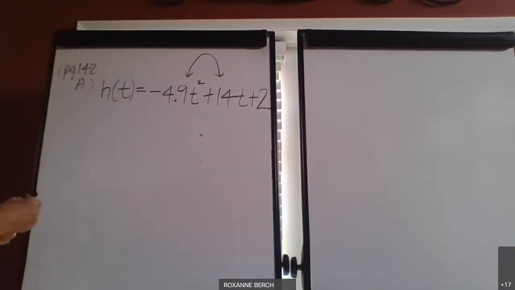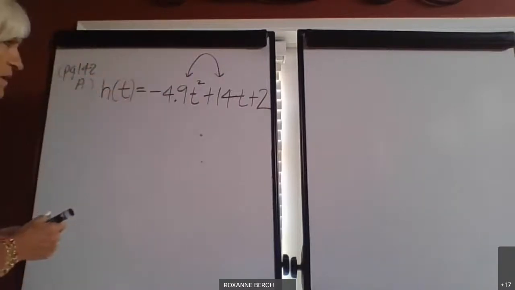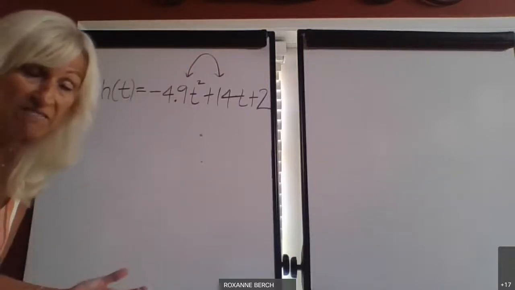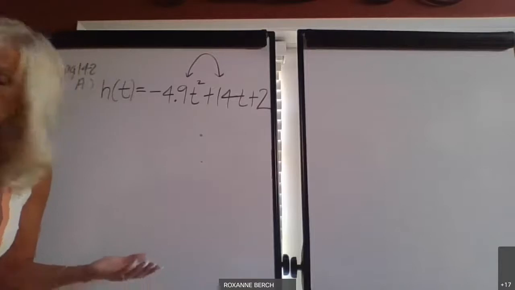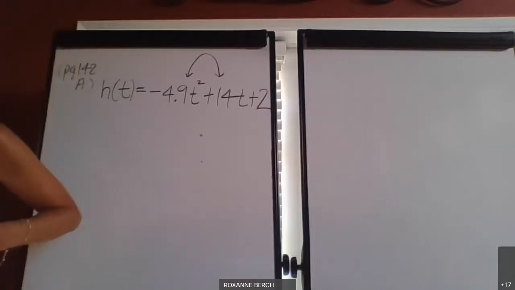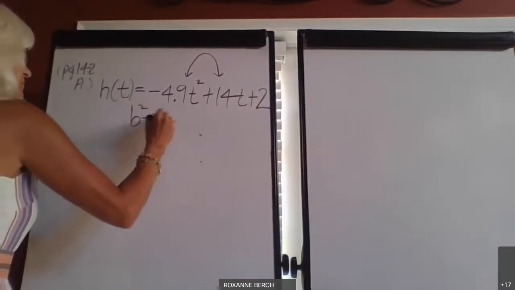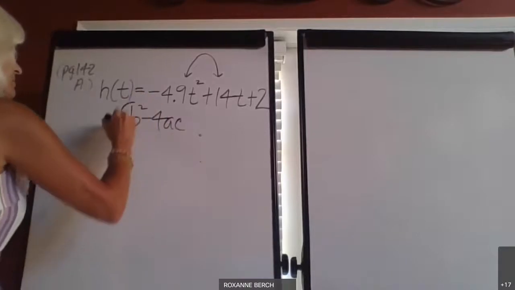So let's see what happens here. We're not going to solve it. Who cares about the time? They're not asking about the time. They're just saying, can the ball reach 12 meters in height? So I'm just going to look at the discriminant. I'm not going to solve it.